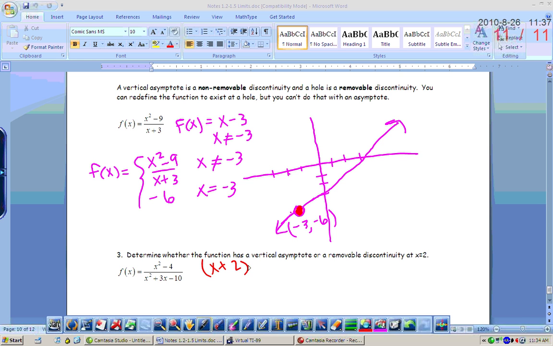It's a hole. So the x minus 2's cancel, so there's a hole or a removable discontinuity at x equals 2. Very good. Congratulations, you've finished the first chapter of calculus.